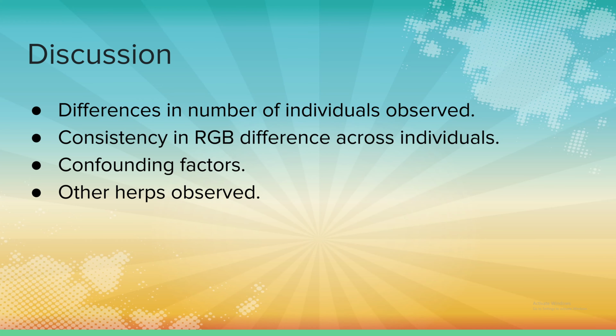So one of the biggest confounding factors was I didn't find very many newts at the coast. I think one of the reasons could have been is I found most of the newts in the Willamette Valley when I did my first round of field work in early April, and I did my second round of field work in mid to late May.